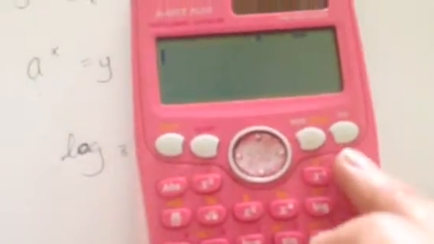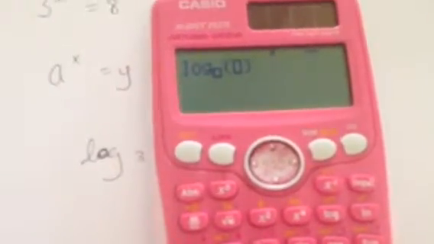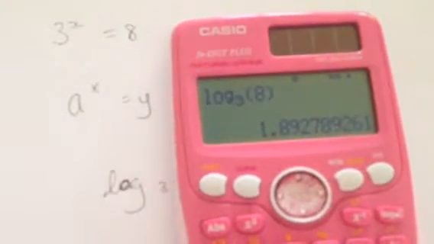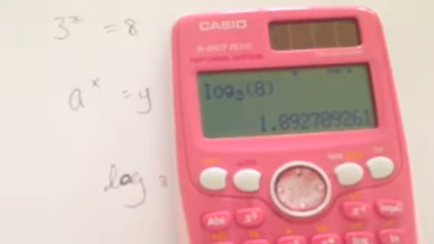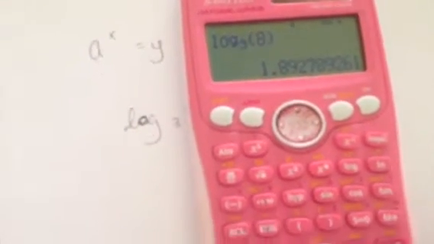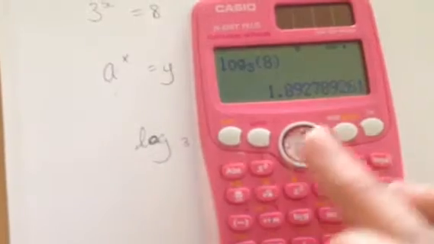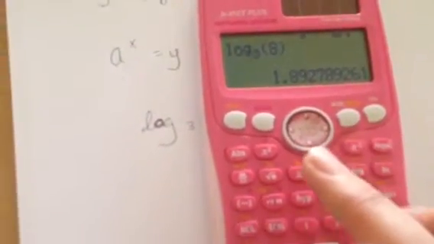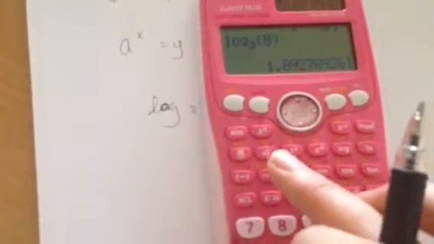So we have a few buttons to do with logs. Log of 8 in the base 3, press equals, and we have our solution 1.8927, and I do not round off unless they tell me to. What I could do is that if I want to use this number further, I could store it in my calculator. How do I store something in my calculator?